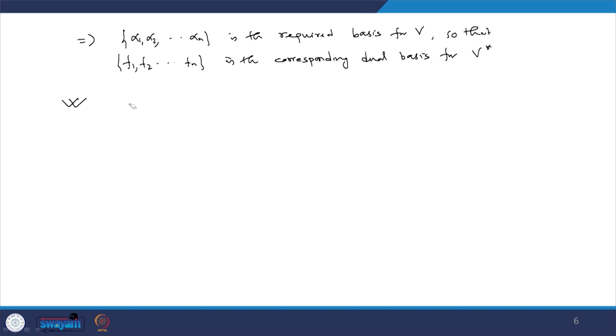So, we are interested in that. So, I am talking about the transpose of a linear transformation.